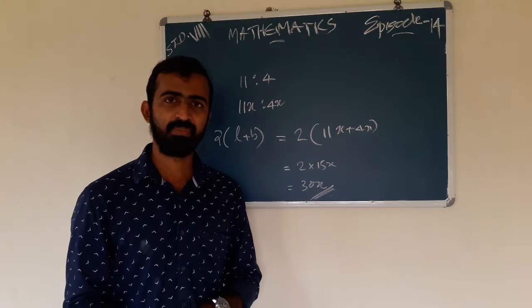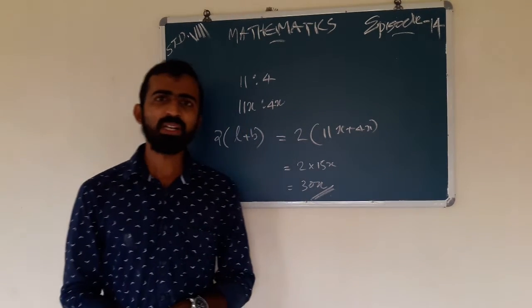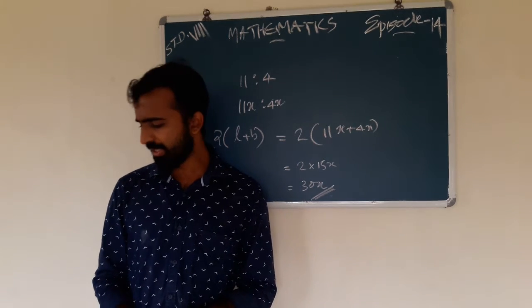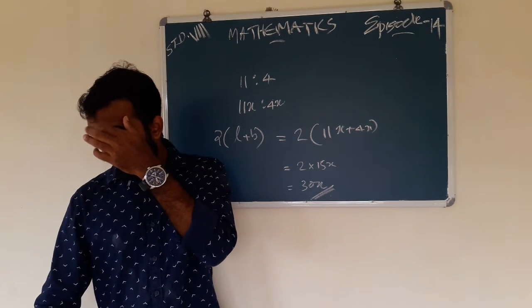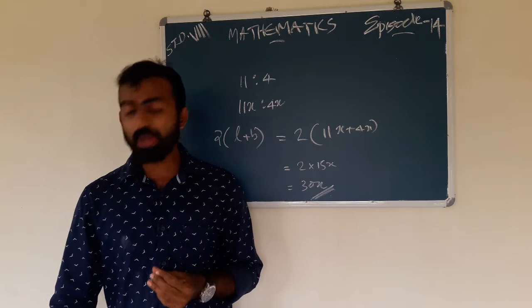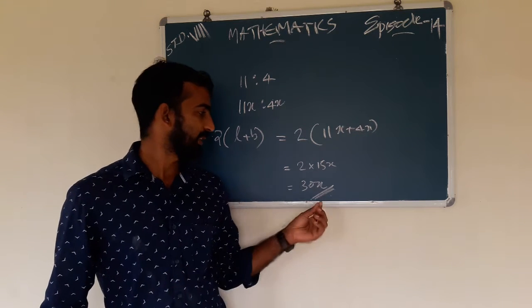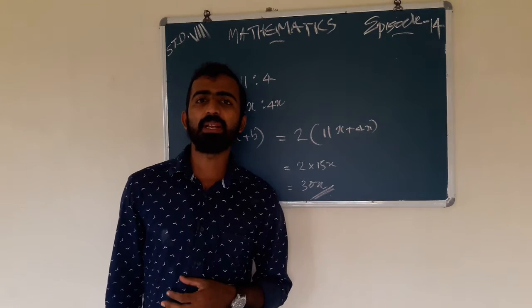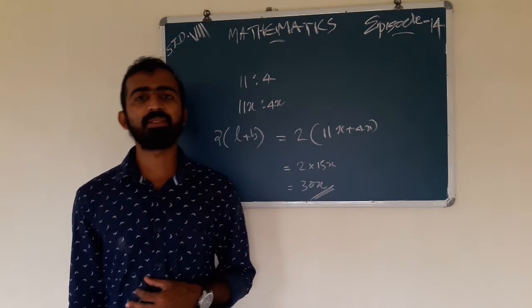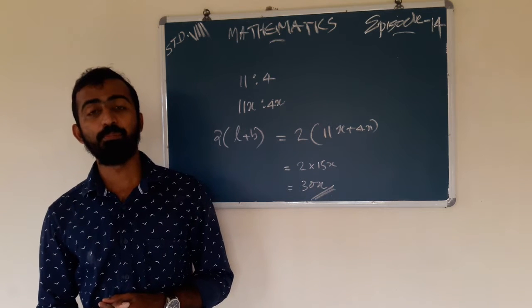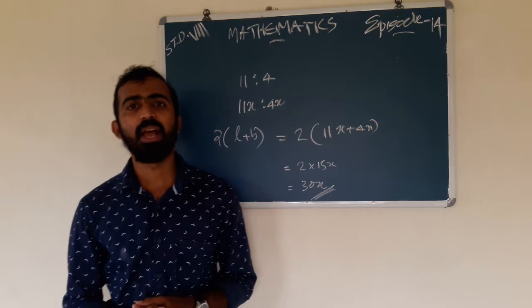Next, what is the cost in rupees? In the question it is at the rate of 100 rupees per meter. Sorry, per meter, not centimeter. Here the perimeter is 30x meter, and the rate per meter is 100.